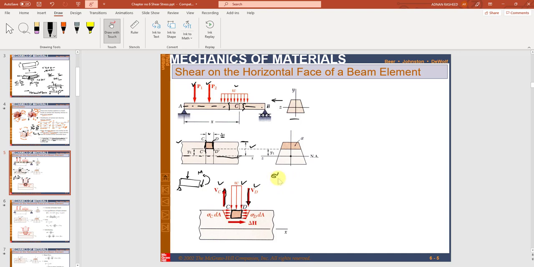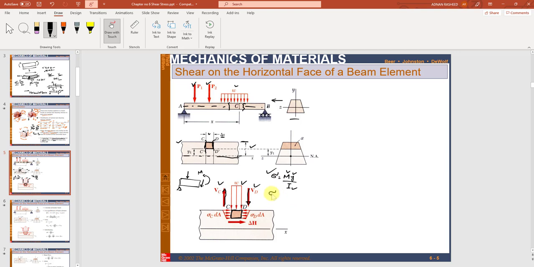And also we know that bending stress is equal to My over I. Clear? Where M is the bending moment, y is the distance from neutral axis to any point where you want to find the stress, and it's a variable, and I is the second moment of inertia. So instead of bending moment, we have represented it in terms of bending stress.